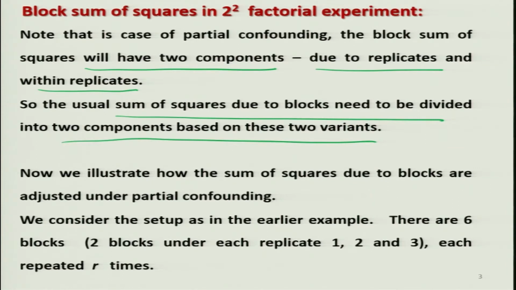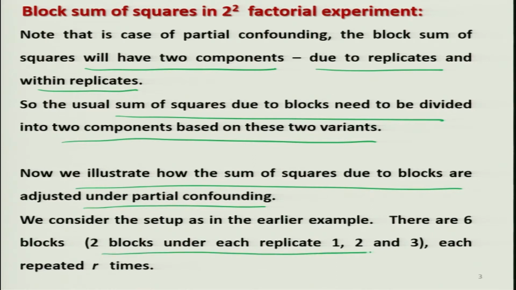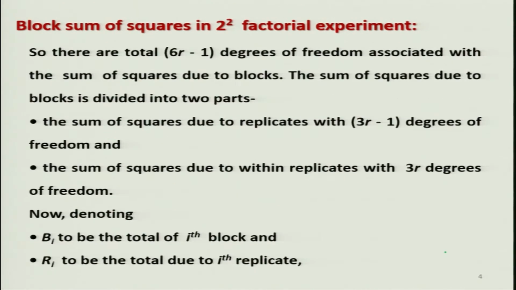Now we illustrate how the sum of squares due to blocks can be adjusted under the partial confounding scheme. We consider the same setup: there are 6 blocks, 2 blocks under each of replicates 1, 2 and 3, each repeated r times. There are altogether 6r minus 1 degrees of freedom associated with the sum of squares due to blocks. That is the same thing if you use the concept of r star equal to 3r.